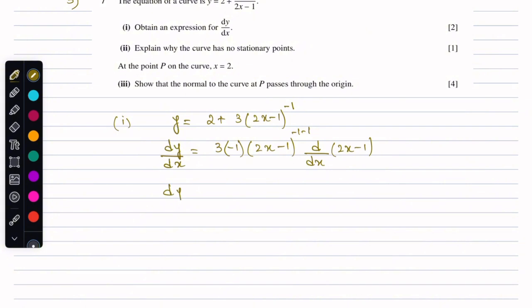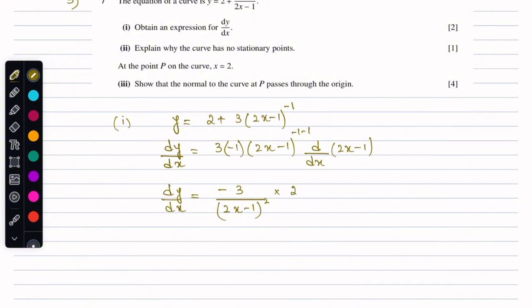So dy by dx here, the differential of y with respect to x, shall be a negative 3 and (2x minus 1) to the power minus 1 minus 1 gives me a negative 2. So I'll be writing it in the denominator with the power as a positive 2, and then it should get multiplied by the differential of 2x, giving me a 2.